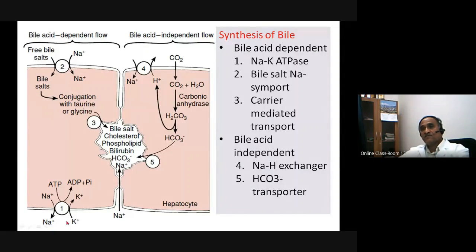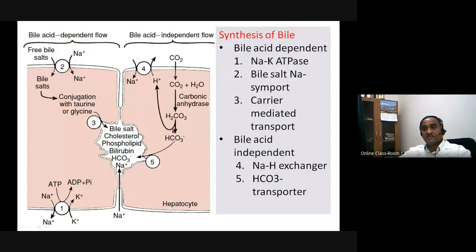This stimulation will activate this, because the sodium potassium ATPase is already there, and that transports these components. Since it's a metabolically active tissue, carbon dioxide is produced, and carbonic anhydrase catalyzes the formation of carbonic acid.